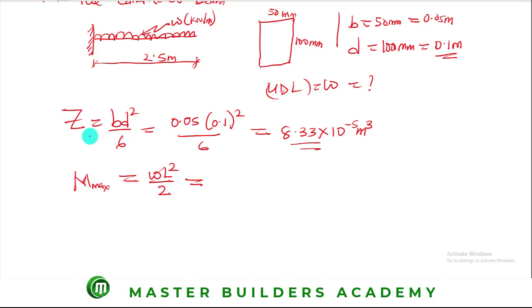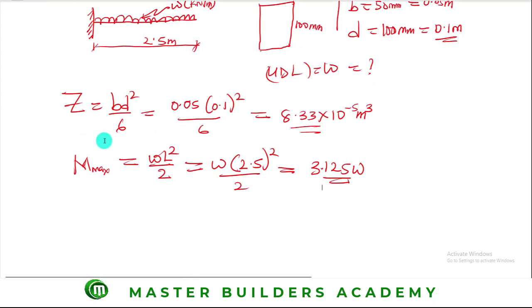We were given the span, so this becomes w multiplied by 2.5 squared all over 2, and when we solve this further, we have 3.125 w. This is the moment.